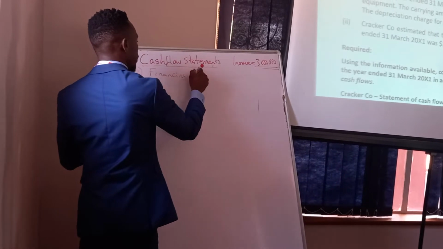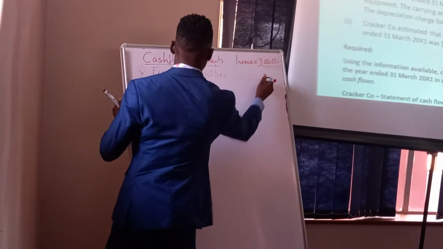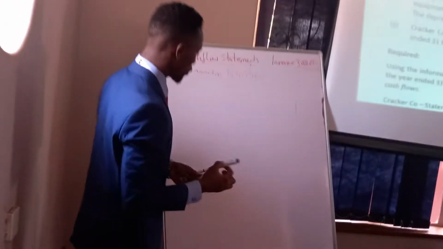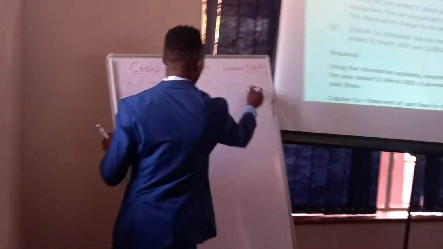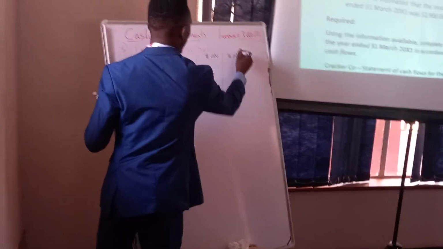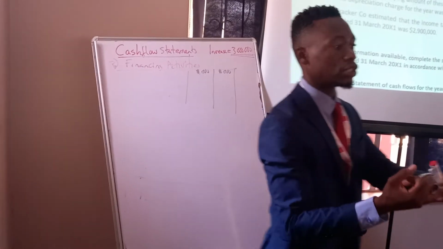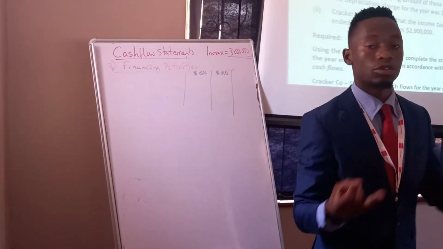So on financing activities, nothing much. Now on financing, what are we saying? We are looking at the equity, we are looking at the debt. So a company is financed by two things. By debt, you take loans. You also invest your money in capital, share capital.